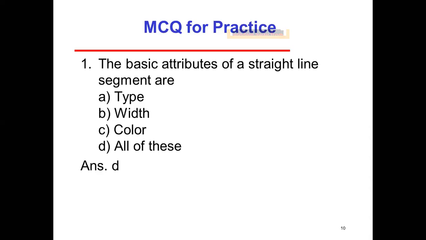Similarly, width is also one of the basic attributes: what is the width of the straight line you are going to draw, and also the color. All these attributes are necessary and important. So we can say that answer D is correct.